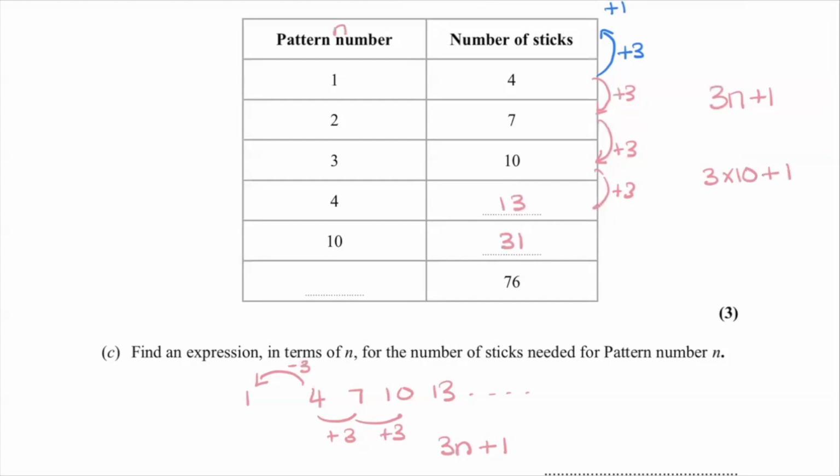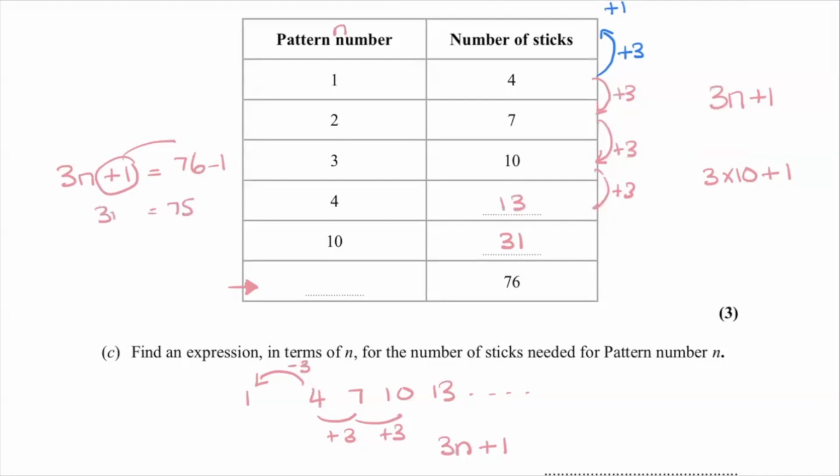It can really help with this one where we don't know the pattern number, but we know the sticks. We know the sticks can be found by doing 3 times the pattern number plus 1. And in this question, the sticks are 76. So now all I need to do is get n on its own to find out the pattern number. So I'm going to take away 1, which is 75.